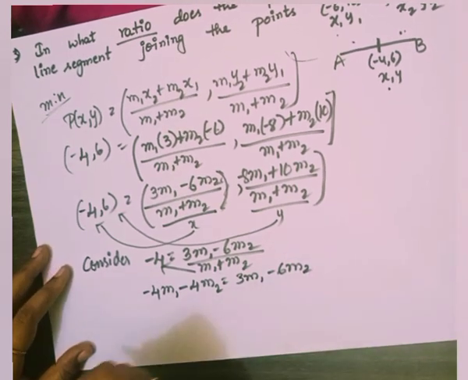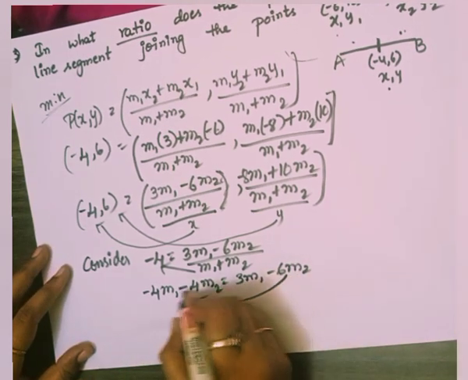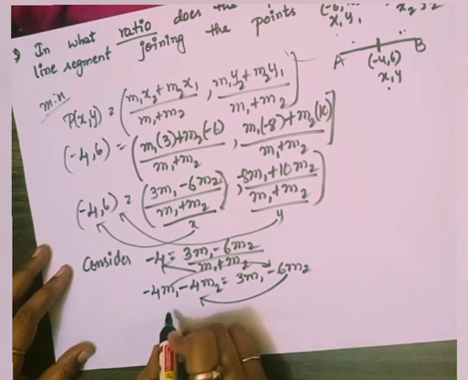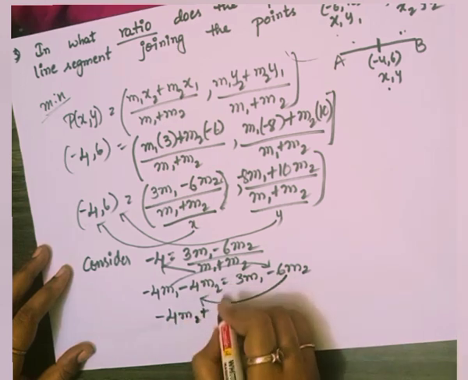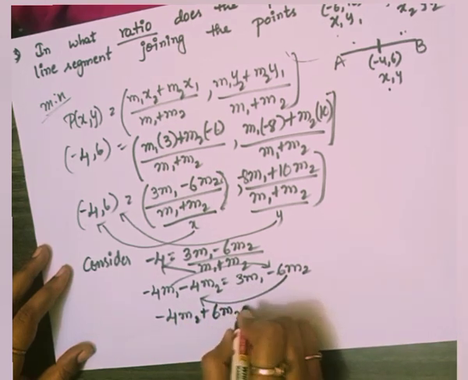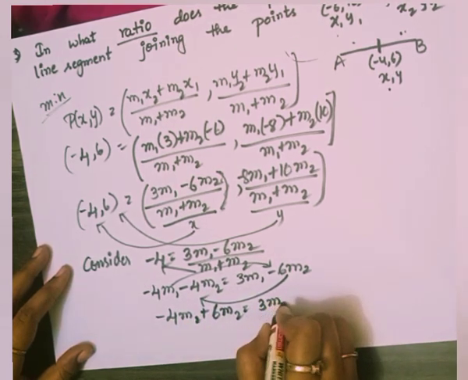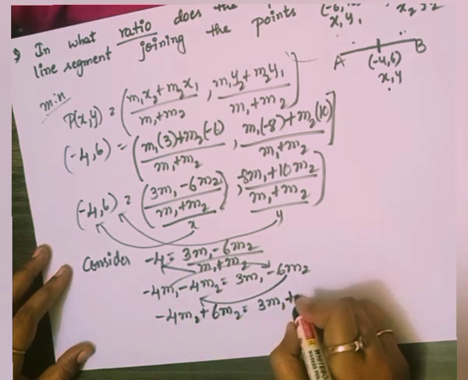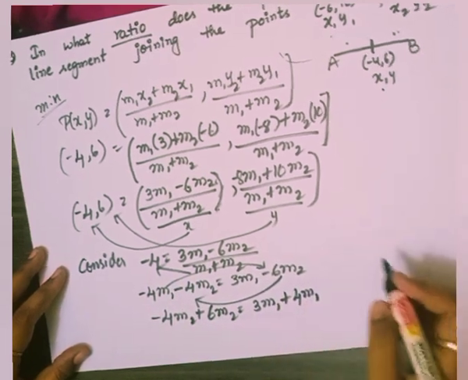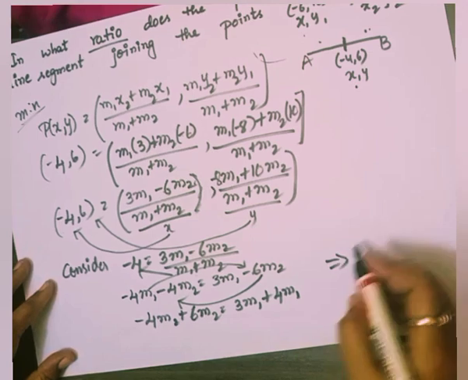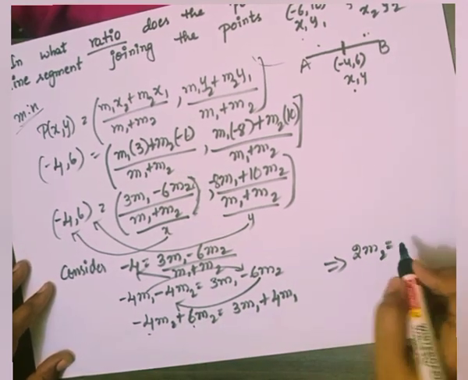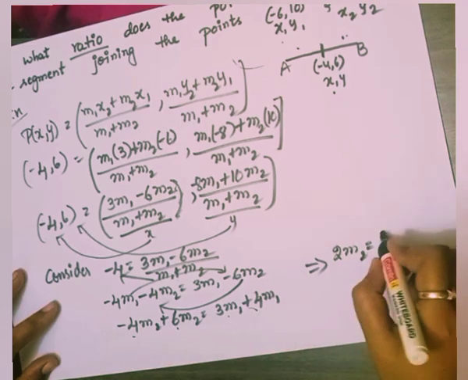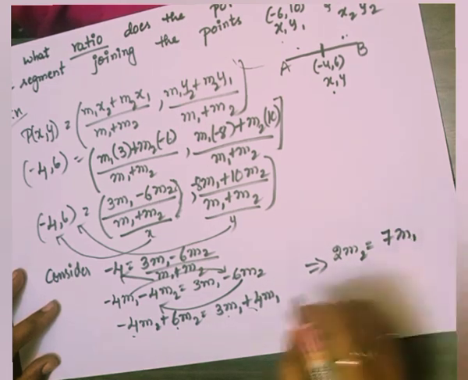I'll take m2 terms one side and m1 terms I'll send another side. Then I'll get minus 4m2. This minus 6 will become plus 6 is equals to 3m1. This minus 4 will become plus 4. Then what we will get by adding this one, minus 4 plus 6 I'll get 2m2 and 3 plus 4 I'll get 7m1.